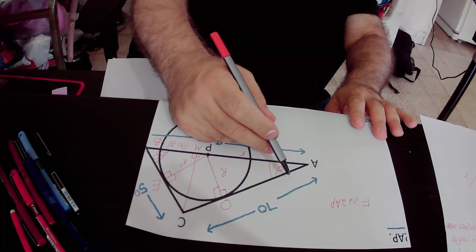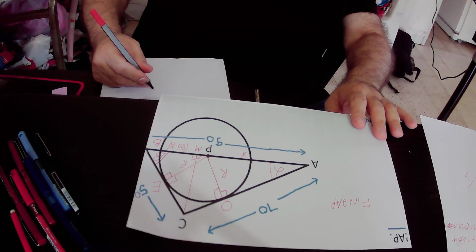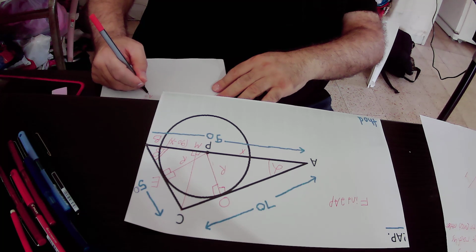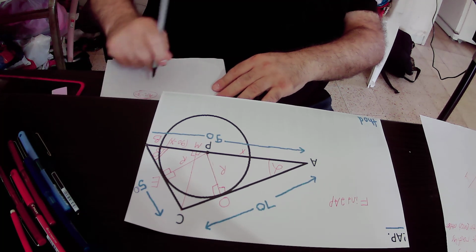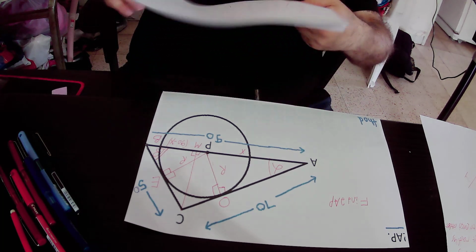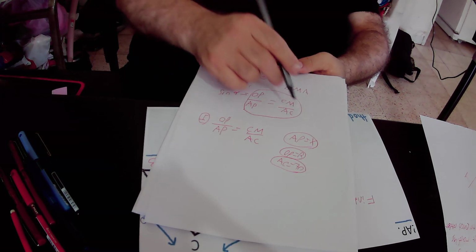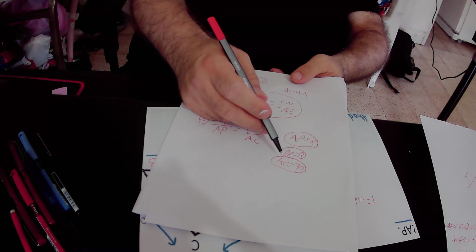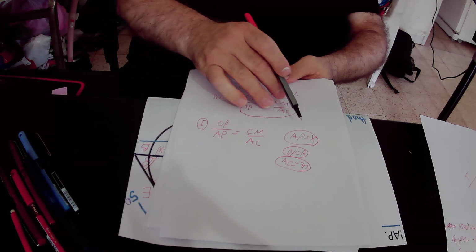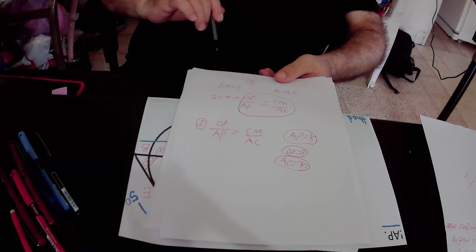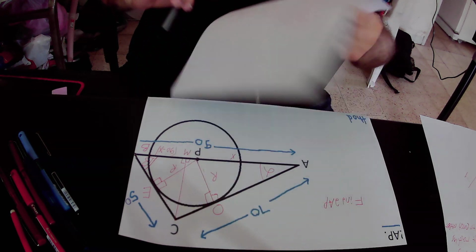It actually equals 70 units. So we can write that AC equals 70 units. So we know that AP equals X, OP equals R, and AC equals 70 units. So we can put the data in equation 1.